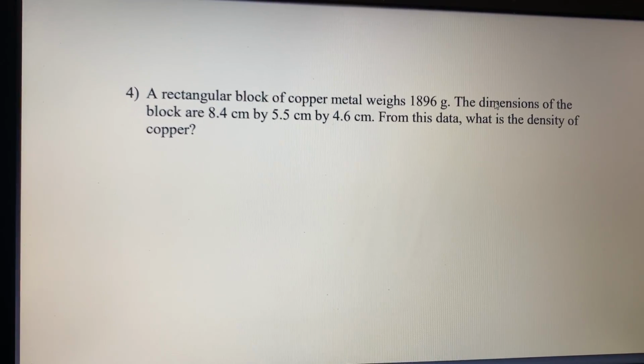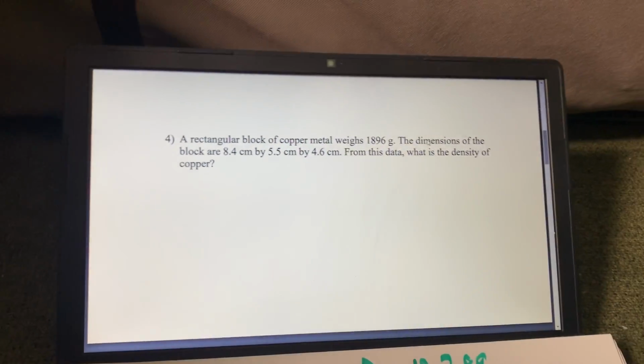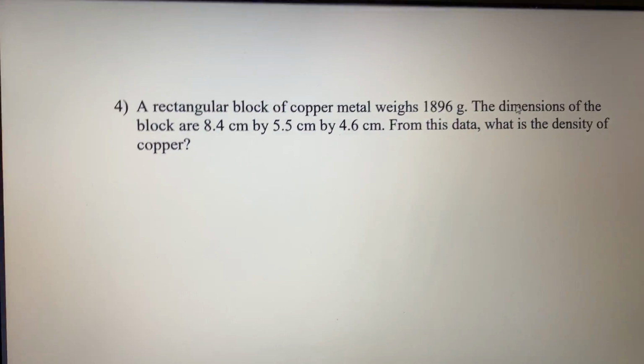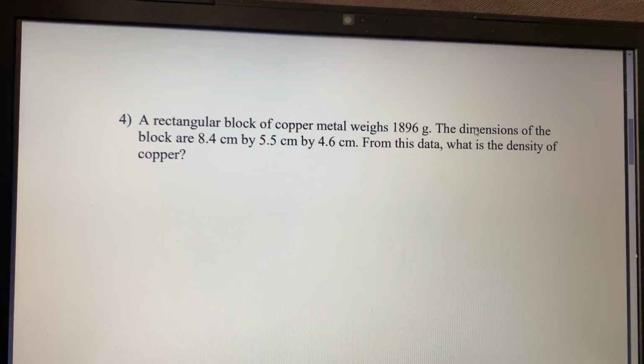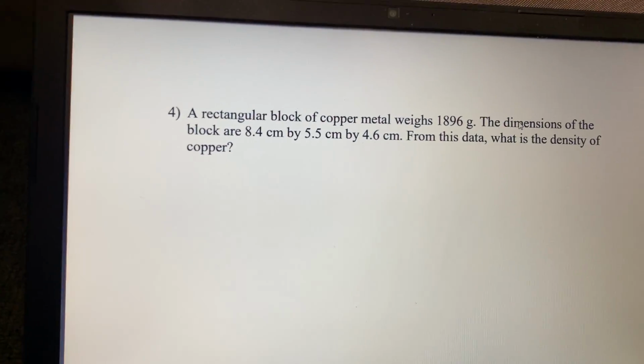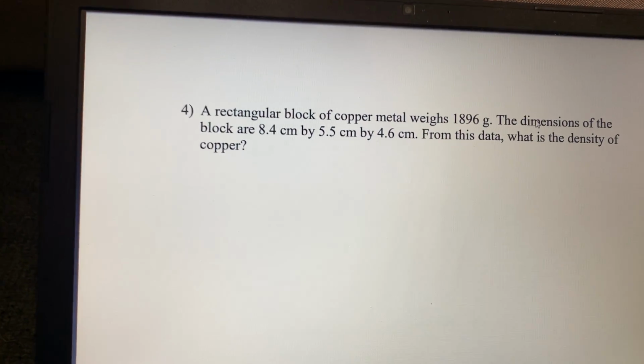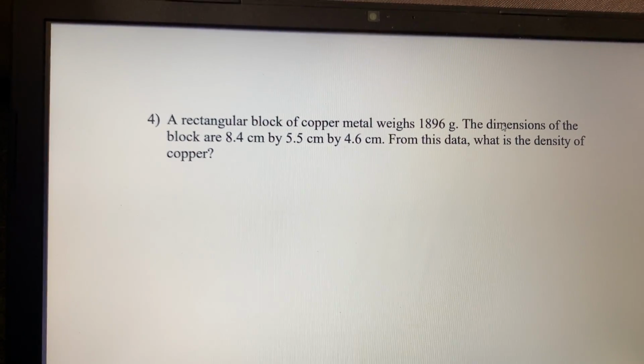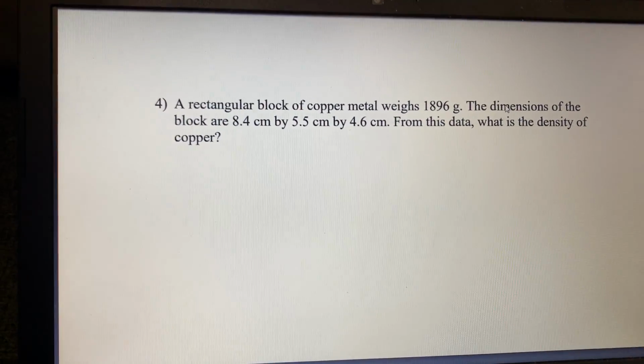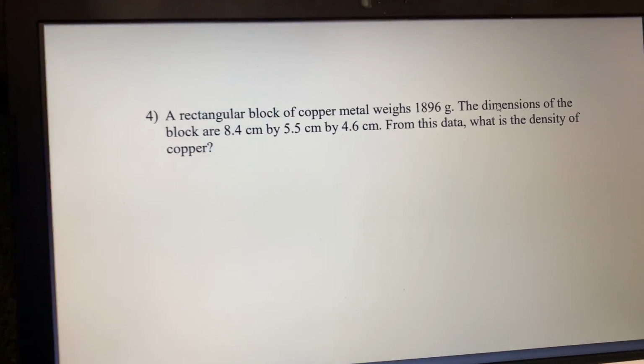From this data, what is the density of the copper? Now, this question is weird, because we have a lot of things when we are just expecting 2 things. Whenever they ask you for density, the normal thing is they'll give you volume and mass, and then you divide them.